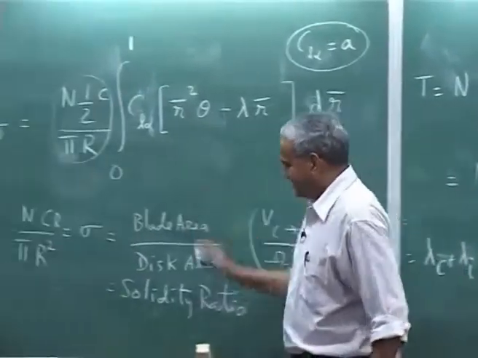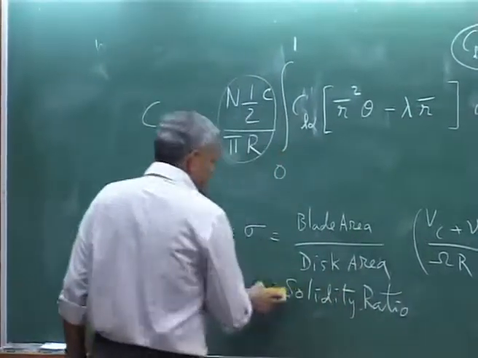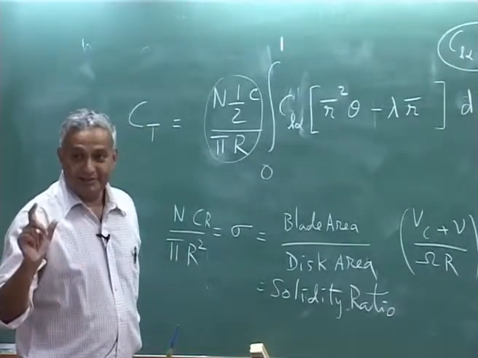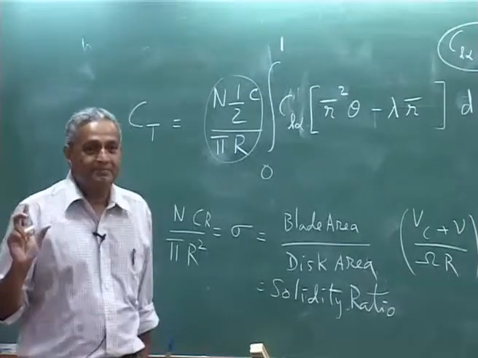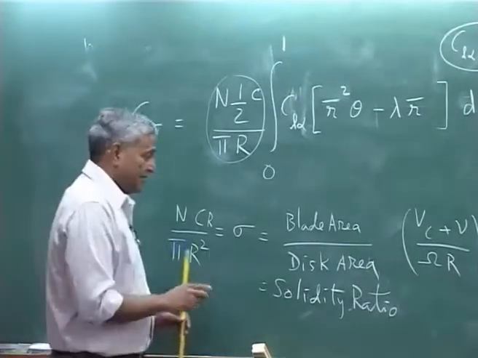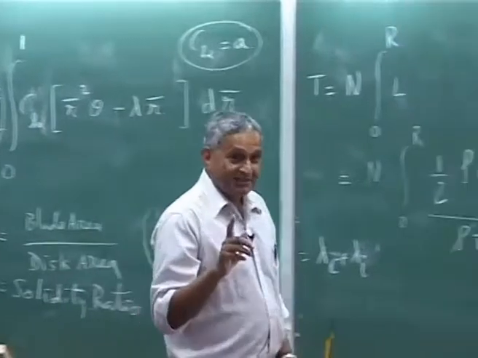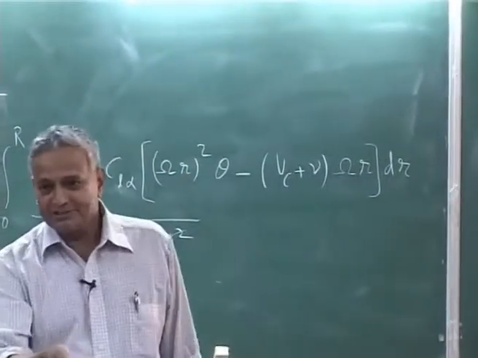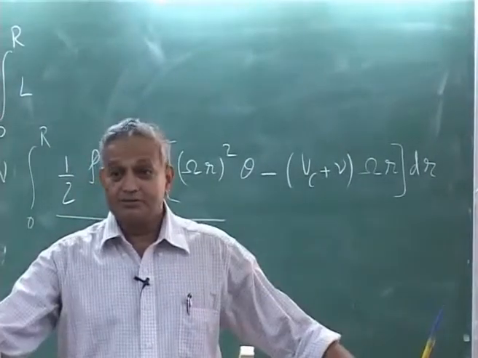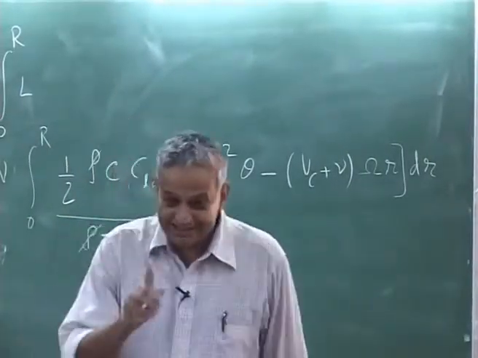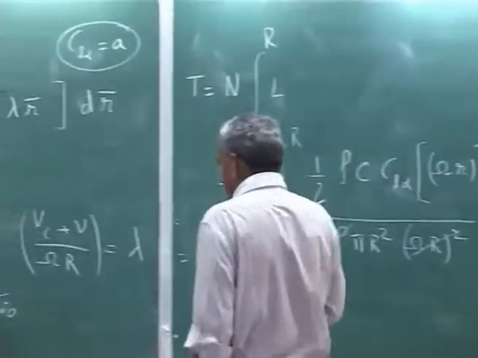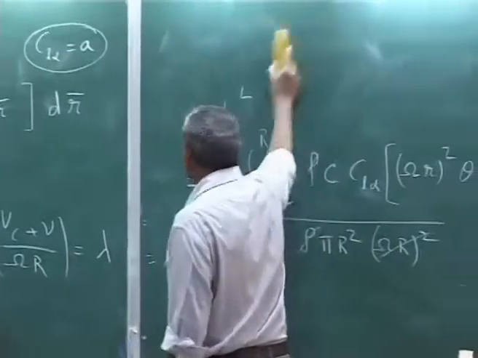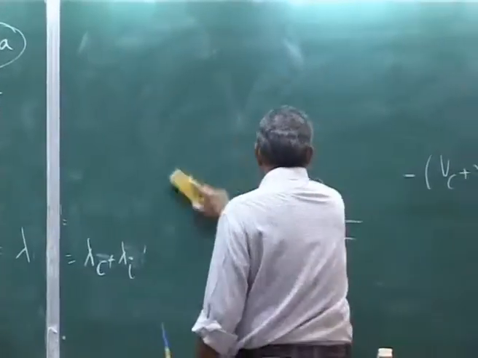Now, this solidity ratio is important, usually blade area divided by disc area, okay. And this is an important parameter, like you have thrust coefficient. Now, we have introduced one more new quantity which is the solidity ratio of the rotor, because that plays a key role, as we go along you will see, okay. Now, this is my expression for Ct.